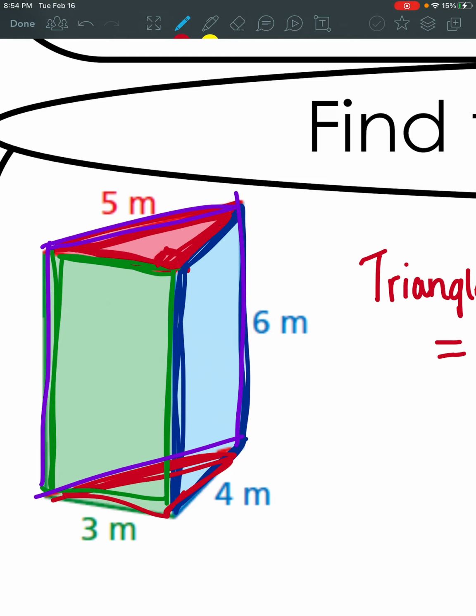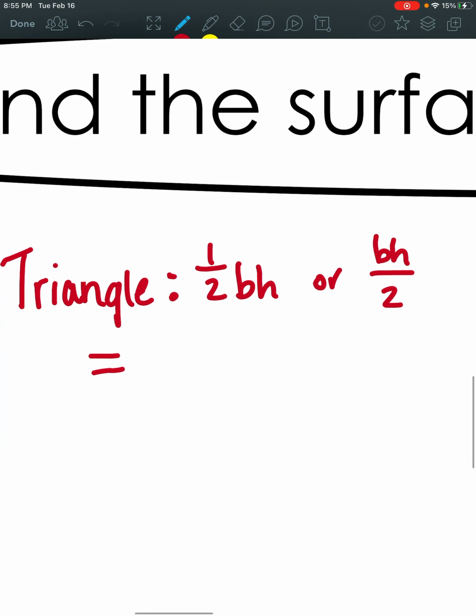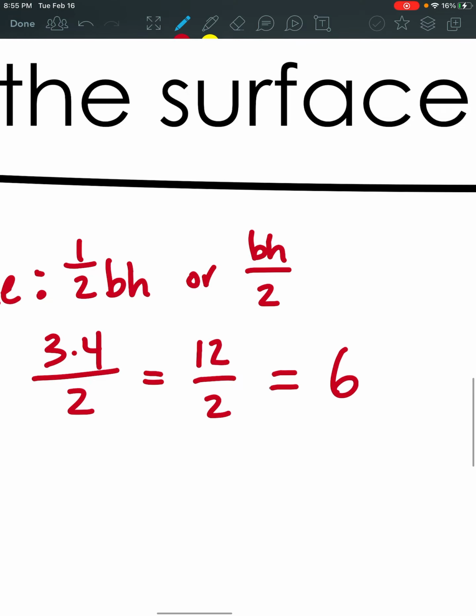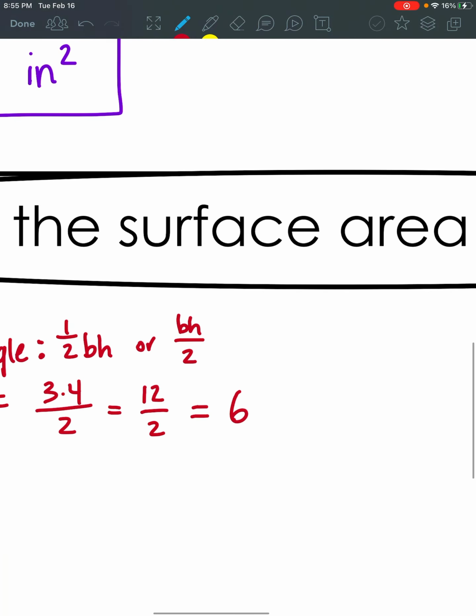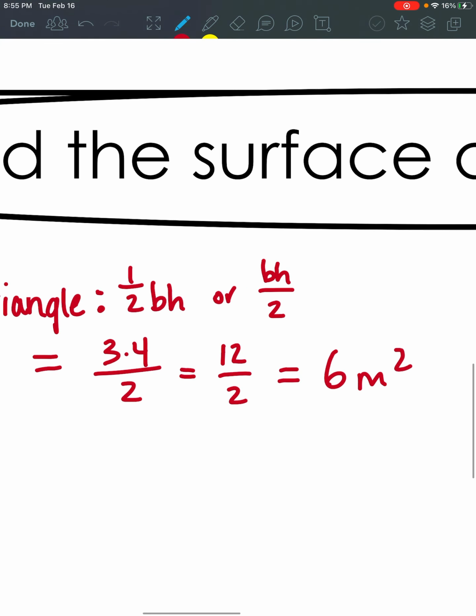The base and the height are what form that 90-degree triangle. So that 5 is not considered the base or the height. The 3 and the 4 are actually where that right angle was. So we do 3 times 4 and then divide it by 2. So 12 divided by 2. So one of those triangles is 6, and they're meters, so meters squared. Now, the triangles, there's 2 of them.